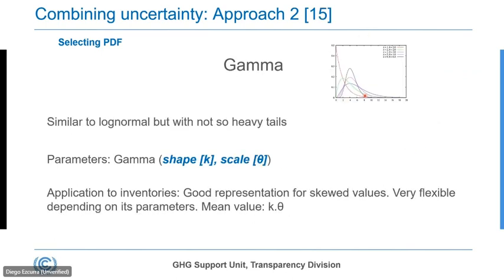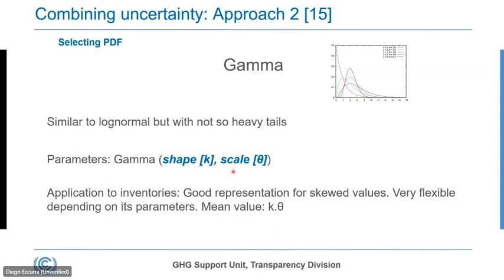One of these is the gamma distribution. It's a very flexible one, defined by 2 parameters. One parameter defines the shape, whether it's symmetric or asymmetric, and the other determines the scale of the distribution. So you may calibrate these 2 parameters to match whatever data you have, or to match the confidence interval and mean value you have.